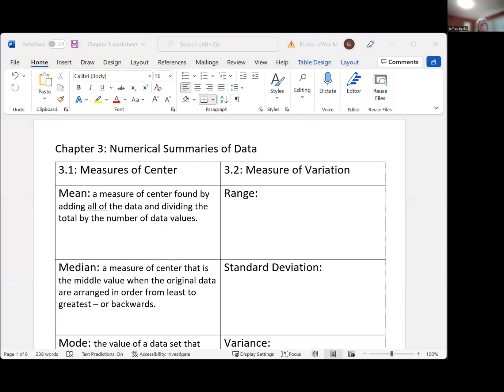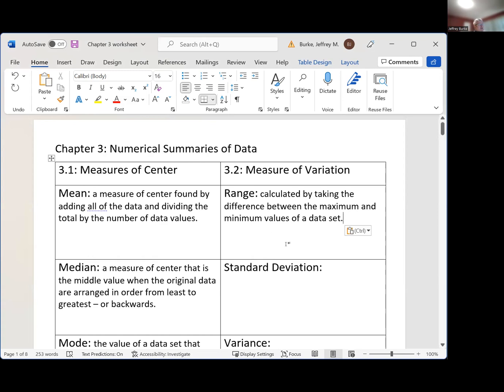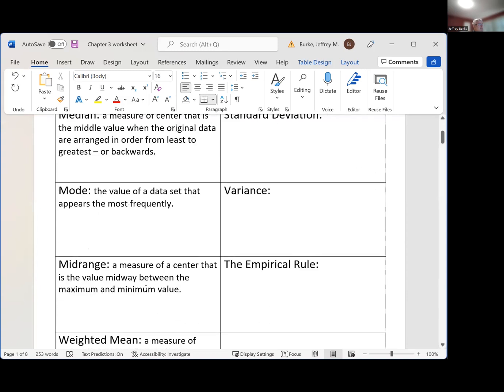Range comes up here and there as a measure of variation, but it's not the one we're going to focus on for most of this course. As we define it, range is calculated by taking the difference between the maximum and the minimum values of a data set. Now, I mentioned before, for a measure of center, the mid-range is the maximum value plus the minimum value, divided by 2.